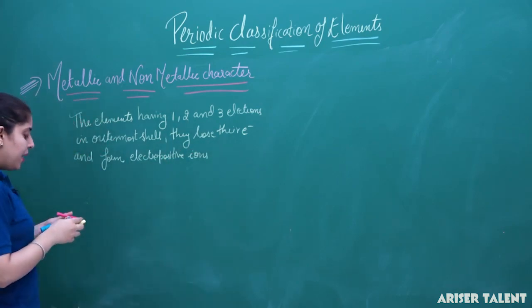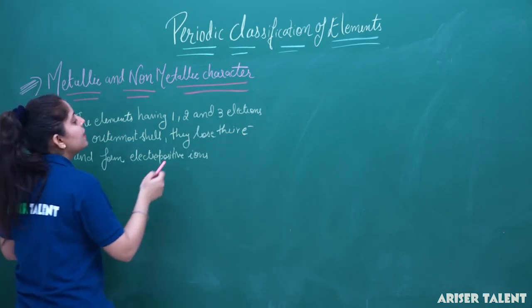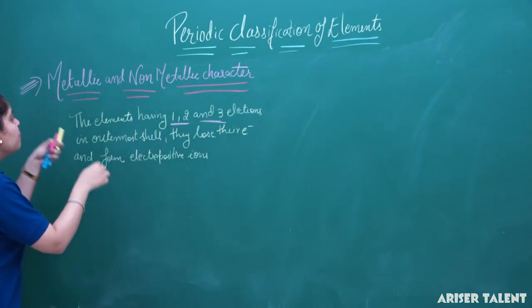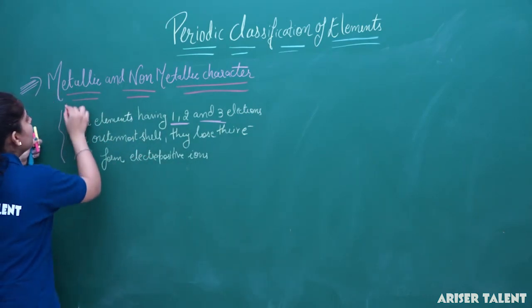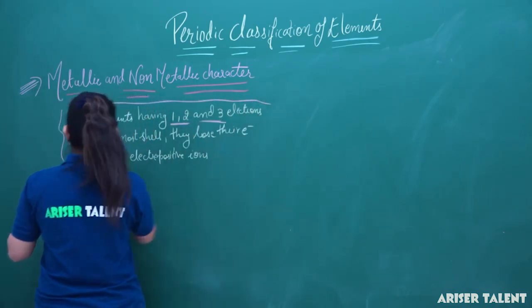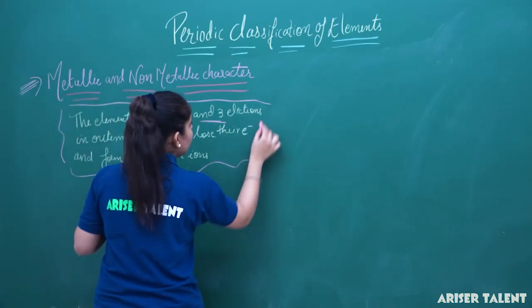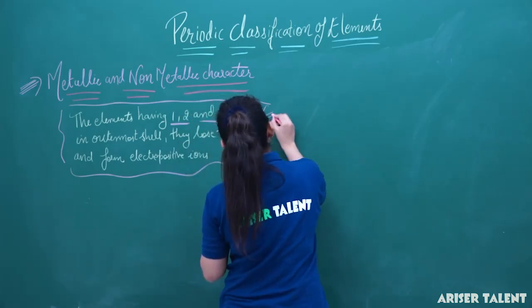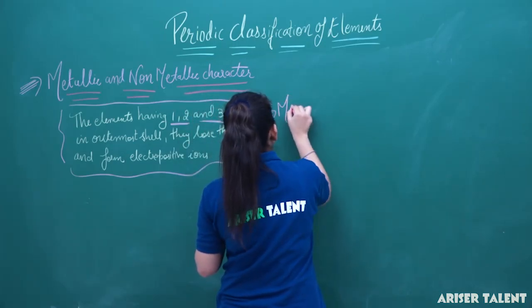It means if they have 1, 2 or 3 electrons, they can easily lose 1, 2, 3 electrons. And what will be the characteristic of this type of elements? This is the characteristic of metals.